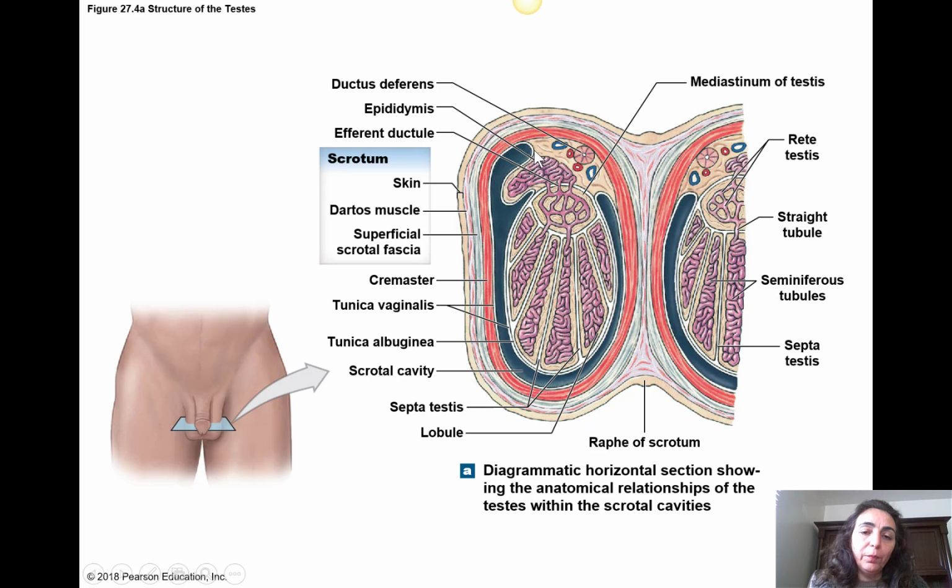After it gets here to this part, it goes around the part of the epididymis and then goes back around the testis, right? Now, under this other layer of the tunica vaginalis, you have this fibrous layer that is white here that we call tunica albugina.